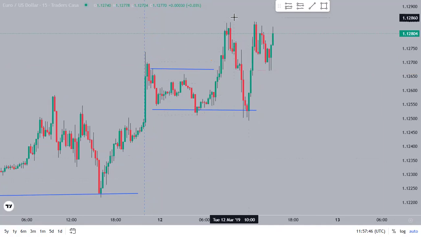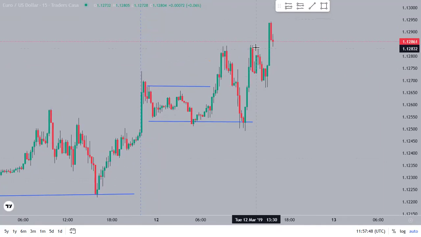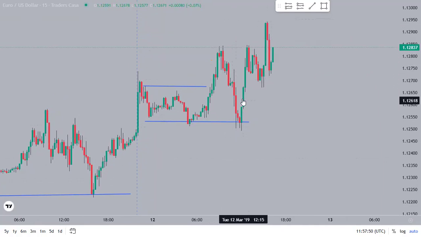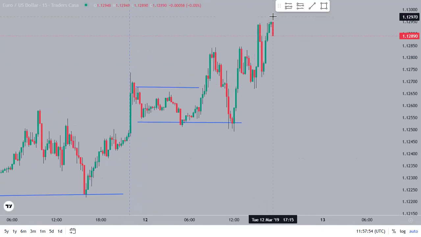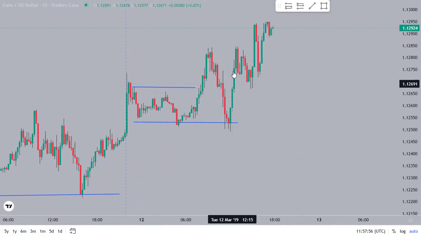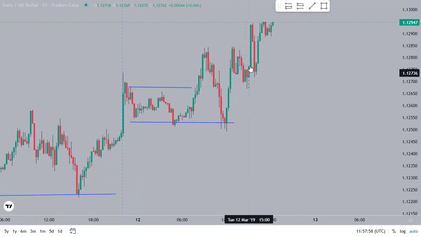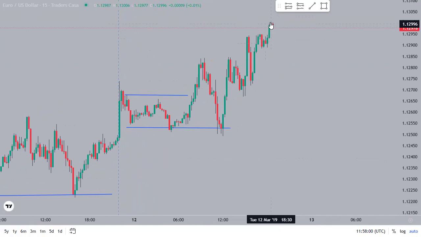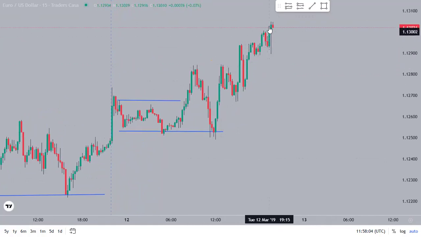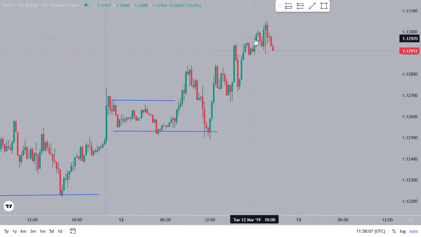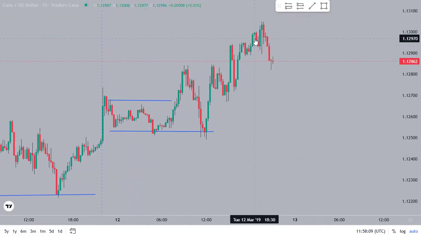So you can see a bullish, bearish, a bullish move. You can see how the market swings. So we are on an uptrend here, making new highs, new lows, new highs. We are breaking previously made highs. That means we're on an uptrend.